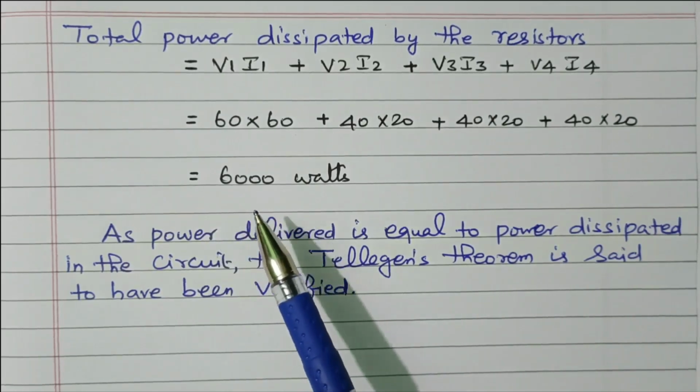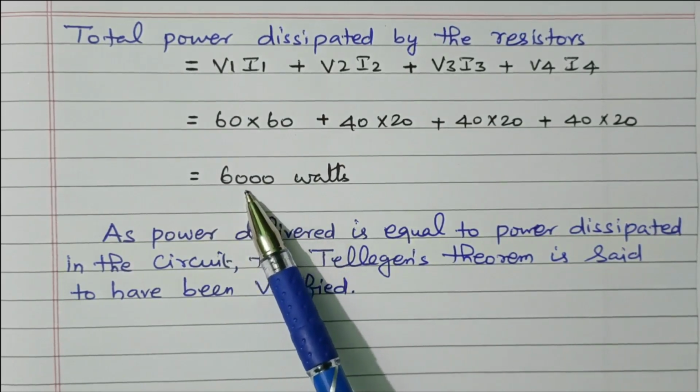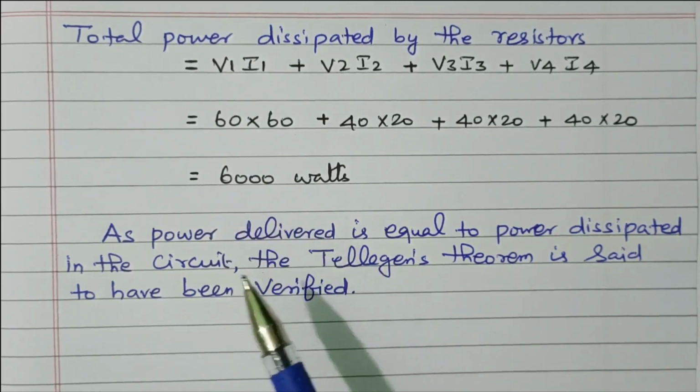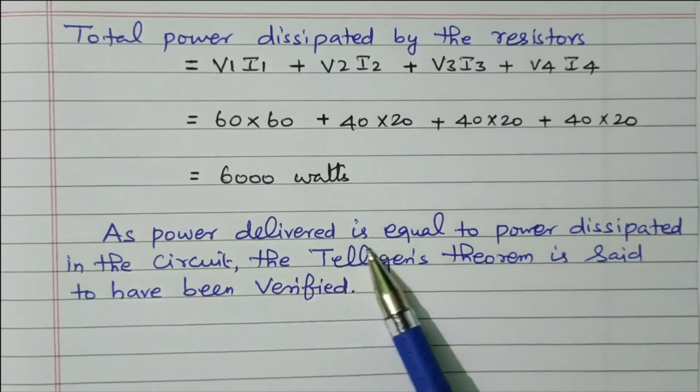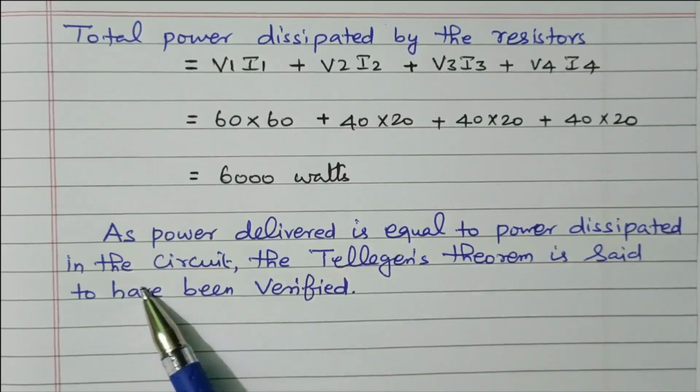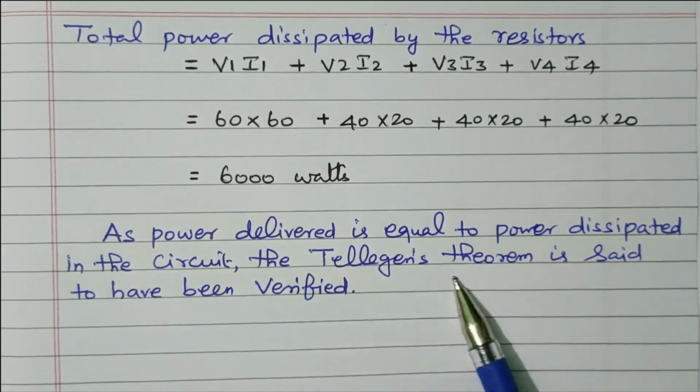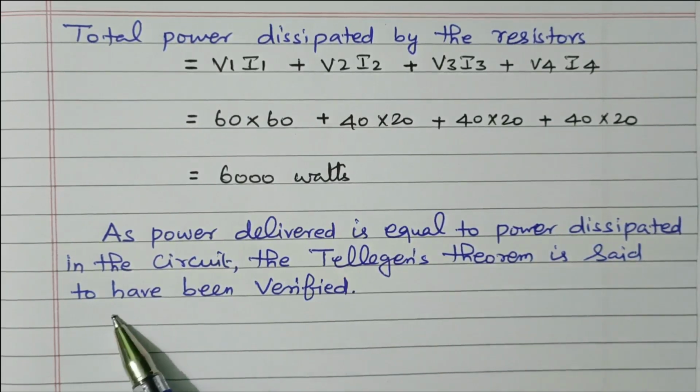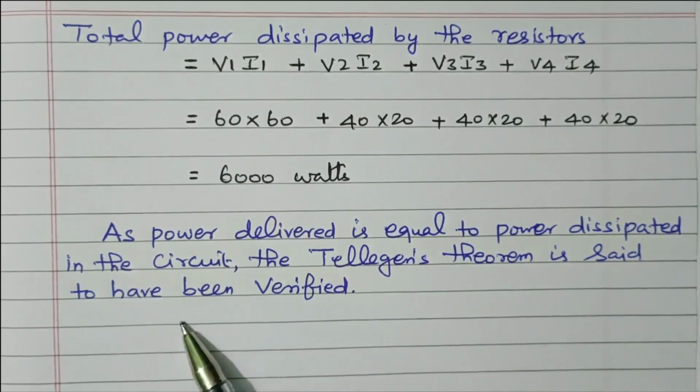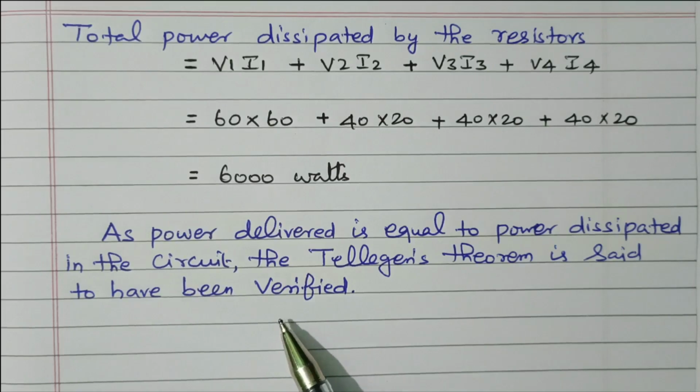Earlier we calculated the power delivered by the source, also 6000 watts. So as power delivered is equal to power dissipated in the circuit, Tellegen's theorem is verified. Right? So the power delivered as well as the power absorbed that we calculated are equal.